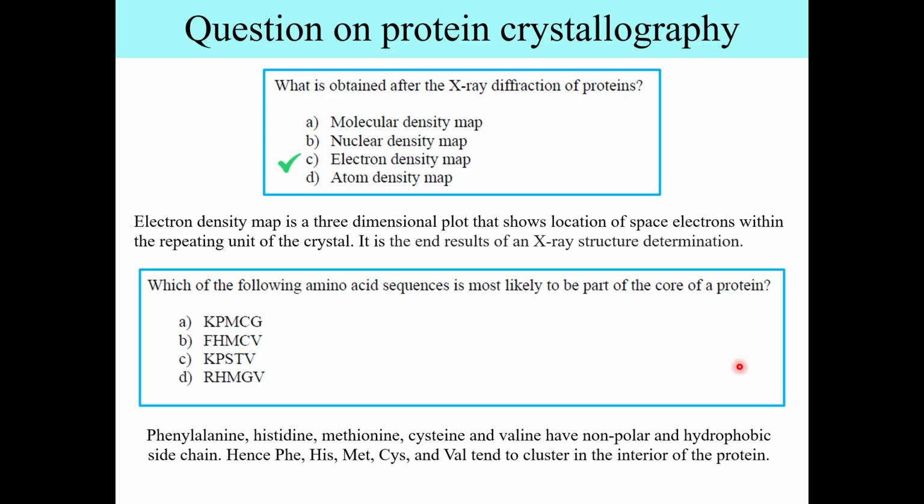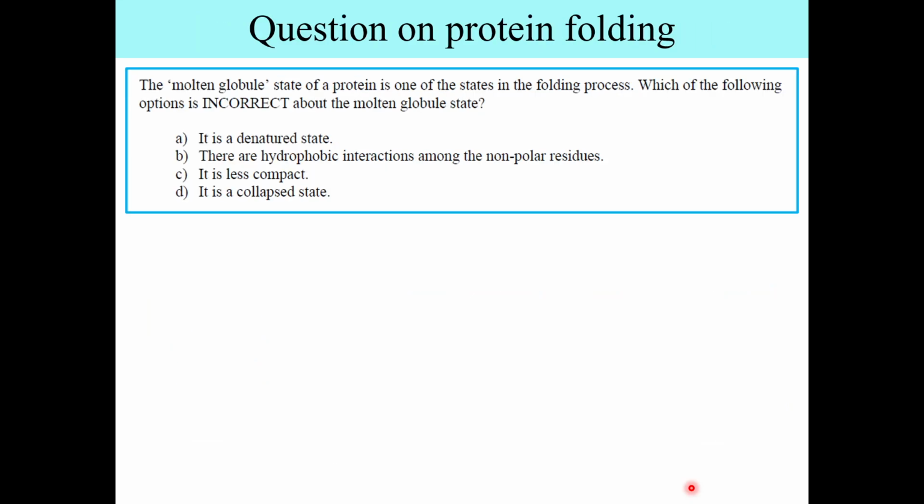So the right answer would be C, electron density map for the top question, and for the one after that it is option number B, where phenylalanine, histidine, methionine, cysteine and valine are all non-polar hydrophobic side chain containing residues, and therefore they have the most likelihood to cluster in the interior of the protein.